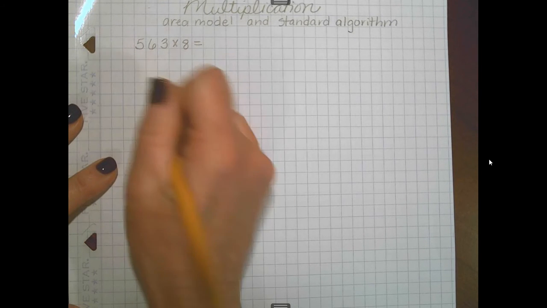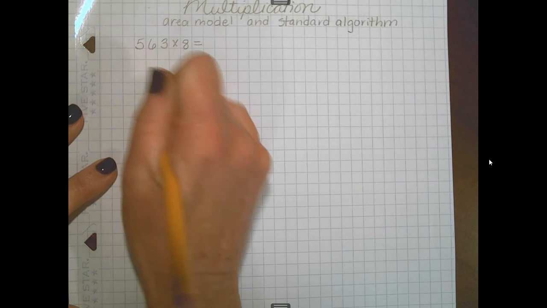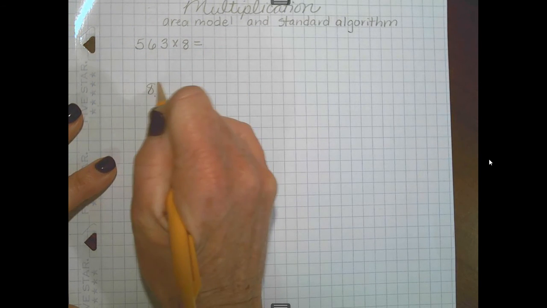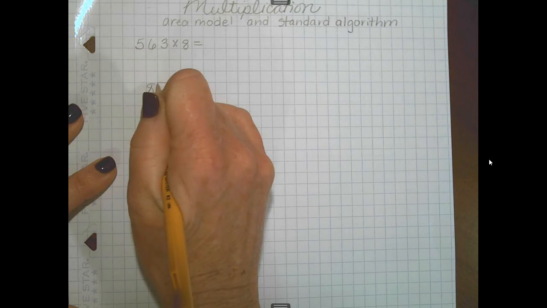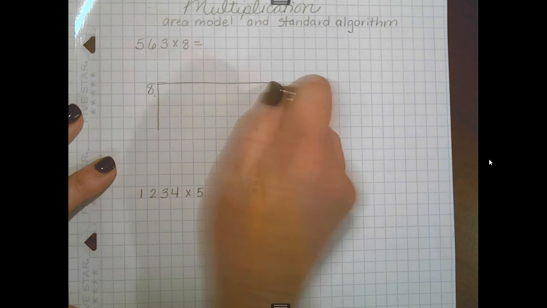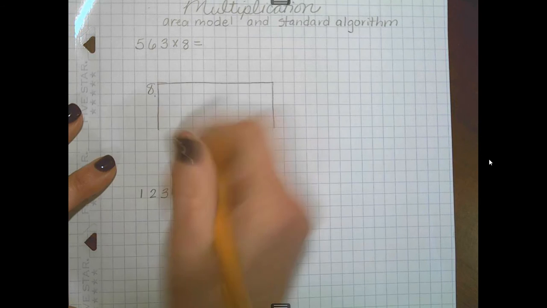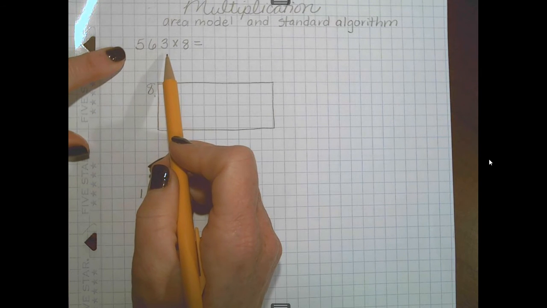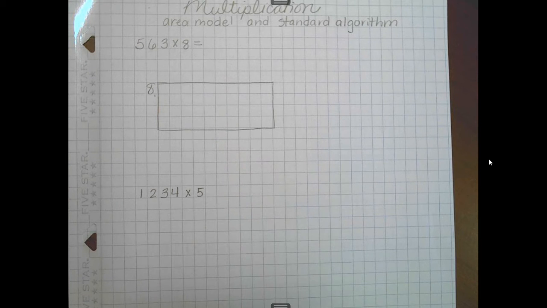So if we use an area model, our multiplier is 8. And what we're going to do is make a box, and we're going to write 563 in expanded form.